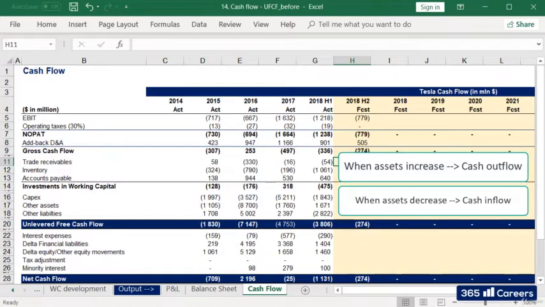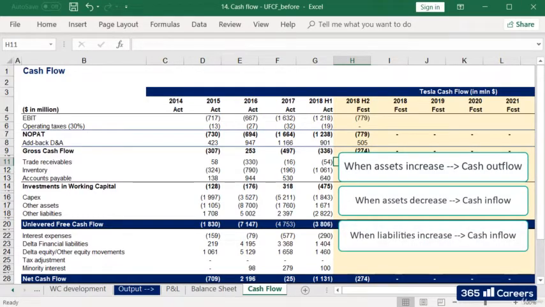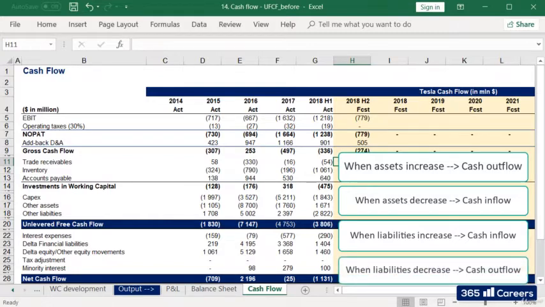Liabilities behave in the opposite way. If a liability increases, it is as if we have borrowed the money, and hence this means a cash inflow. When a liability decreases, on the other hand, we can think of it as repaid debt. Therefore, it represents a negative cash flow.